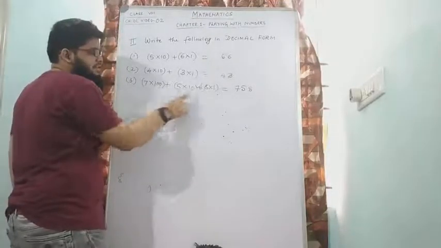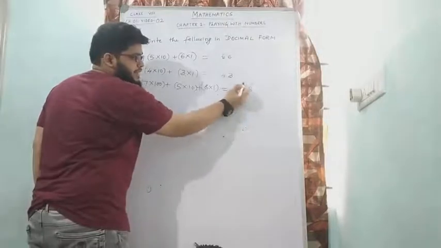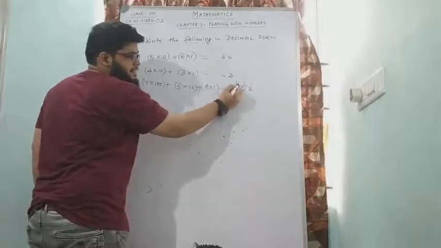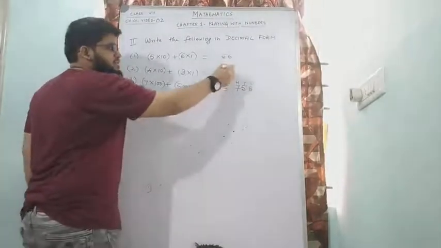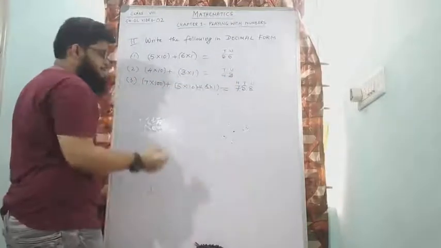And 7 is in hundreds place, so I have written 7 in hundreds place. You can clearly see this is units place, this is tens place, and this is hundreds place. Similarly, this is units here and tens here.